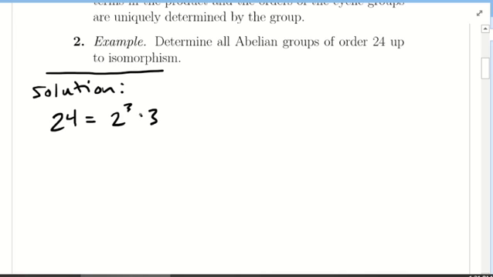So if we look at the only possibilities for the prime power order of the subgroups that are going to be the factors of our internal direct product, the only possibilities for the prime factor 2 have to do with the partitions of its exponent here, 3. So we look at the partitions of 3.